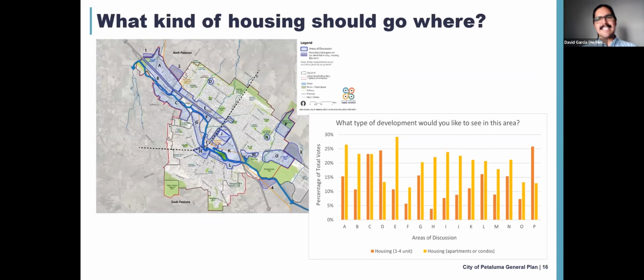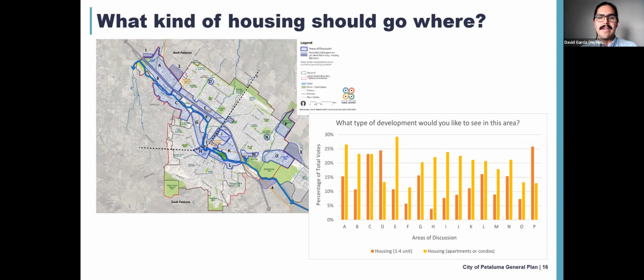And this next slide is just an example of how specific the conversations we're getting are in terms of geographic parts of the city. This map that we used at one of our neighborhood meetings shows, depending on different parts of the city, what type of housing they wanted to see and what types of densities.